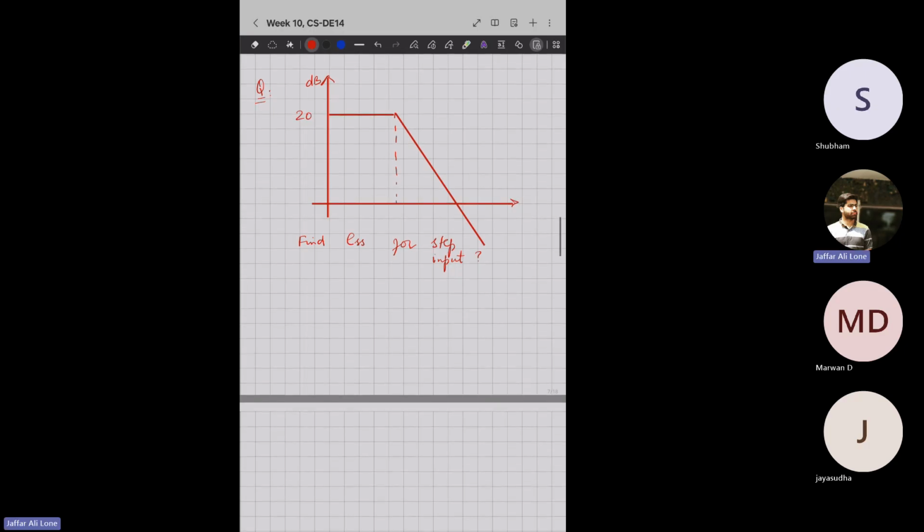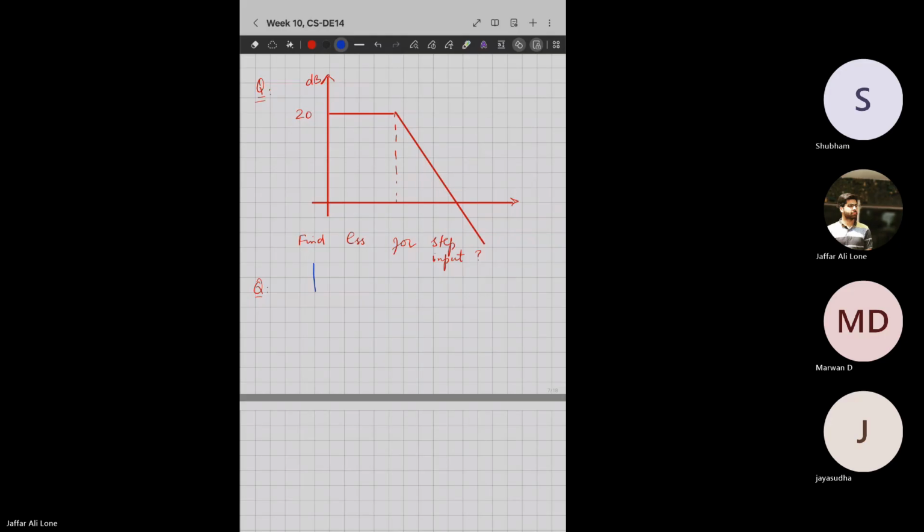What is k? Marwan, is this the steady state error or is it k? My k will be 10.